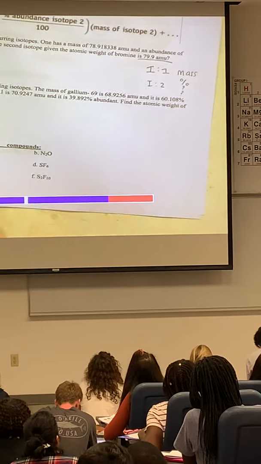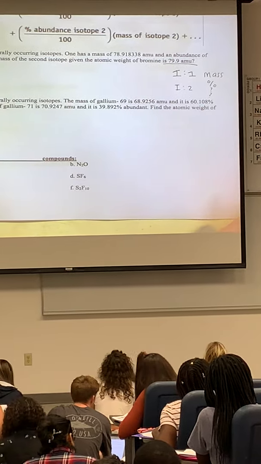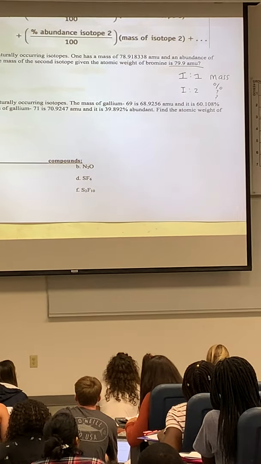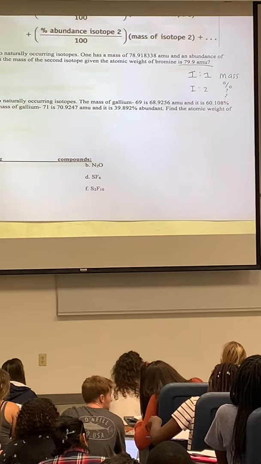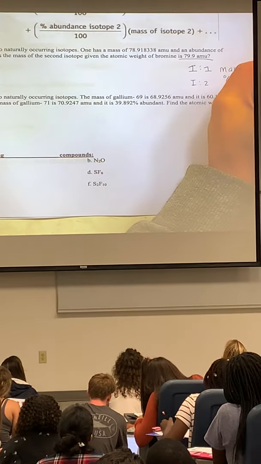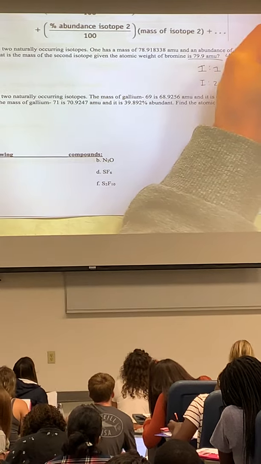Yes, we can. So we know there's only 2 isotopes, and we have the percent for one, so how would we get the percent for the other one? We are going to subtract 100 minus 50.69%. So the other isotope is 49.31%.